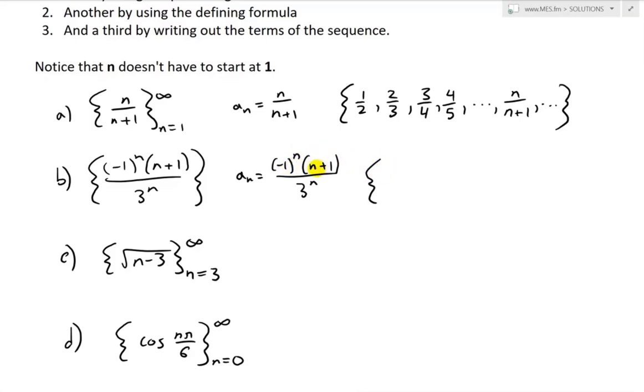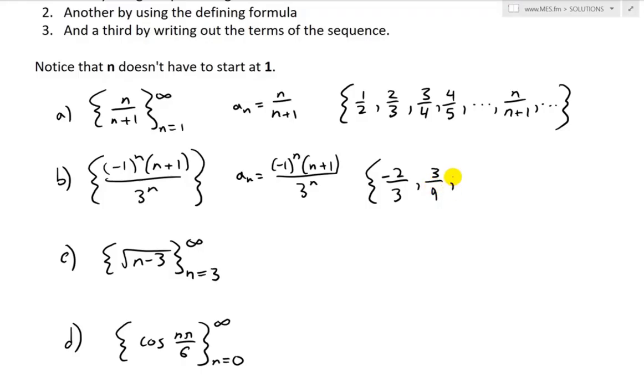Then we have 1 plus 1 is 2, so we'll have negative 2 over 3. The next one, n equals 2: negative 1 to the power of 2 is positive, so it's not going to have a negative sign. So it's positive, and then 2 plus 1 is 3, so positive 3 over 3 to the power of 2, which is 3 squared, and that's just going to be 9.